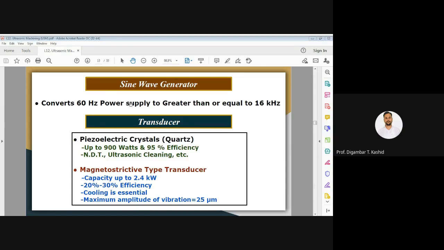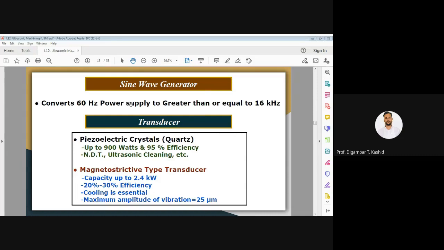I'm going to explain the magnetostrictive type transducer also. These piezoelectric crystals are also used for ultrasonic cleaning and other applications, and normally they are used for non-destructive testing. You can even use them for very low power ultrasonic machining.